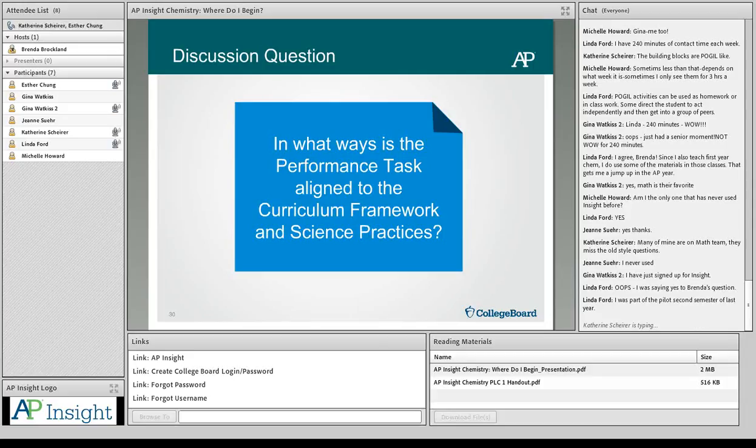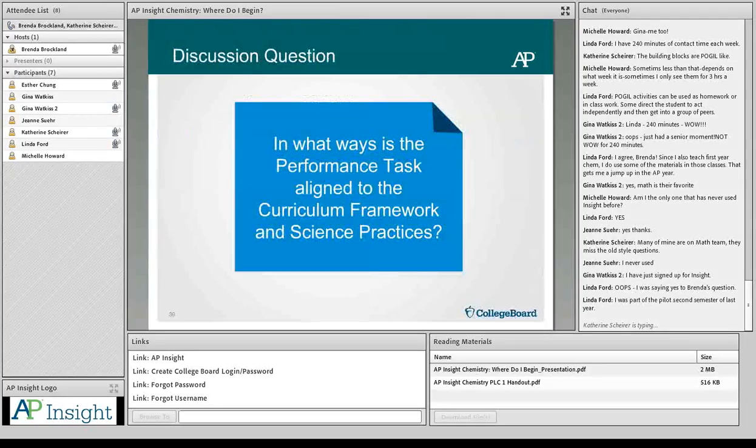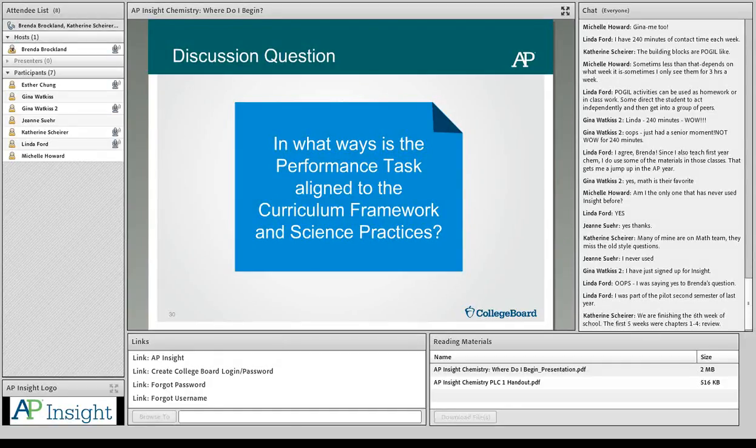All right, so we talked a little bit about this already, and based on time, I'm going to just talk a little bit about it. The performance task is, as I already said, greatly related to the curriculum framework, especially with respect to those particle views. I love that.